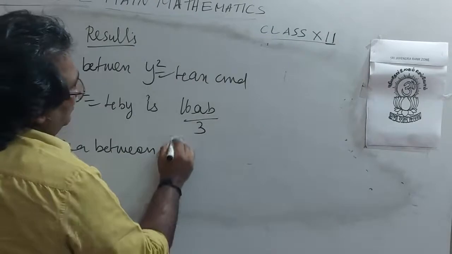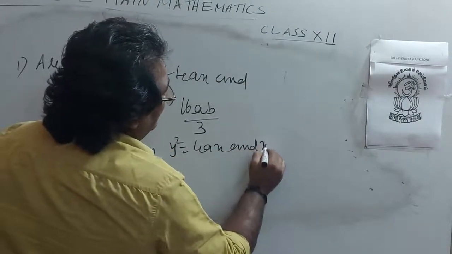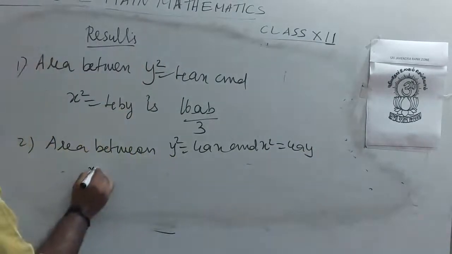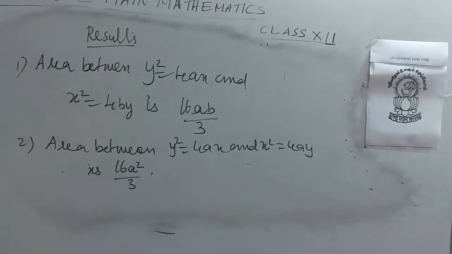The area between y squared equal to 4ax and x squared equal to 4ay is 16 a squared by 3.